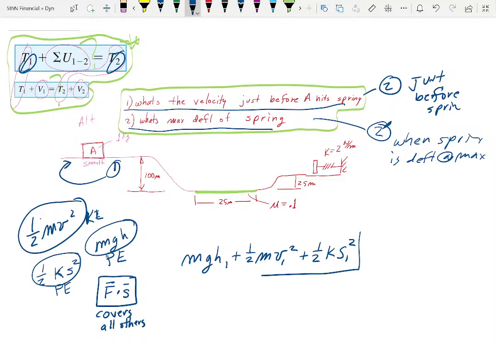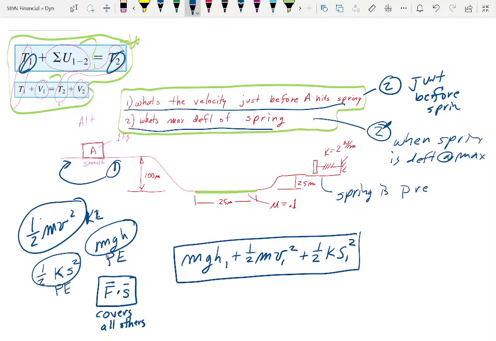Those are all the energies that could have existed in state 1. You may ask, why are you putting that in state 1? Well, let's say this spring is pre-compressed.